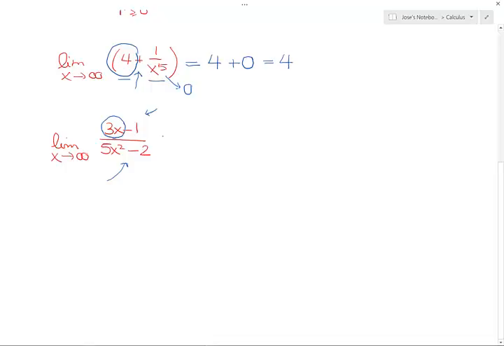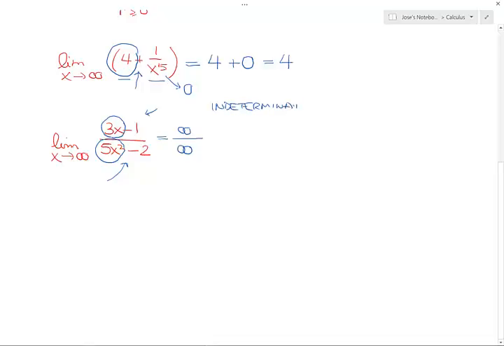When x goes to infinity, the numerator is going to become bigger and bigger and bigger, something really big, positive if you want to. The denominator is also a polynomial. 5x squared is the leading term. When x gets really, really big, 5x squared is also going to get larger and larger and larger. And right now my limit is an infinity over infinity, which unfortunately for us, it's an indeterminate form.